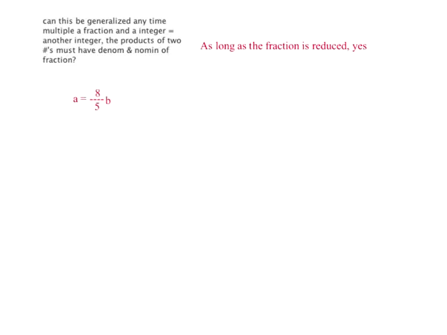There's nothing special about 8 and 5 here. The point is that you have to be able to divide b by 5, and then once you have that, you multiply by 8 to get a. So yeah, you're always going to have this kind of connection.